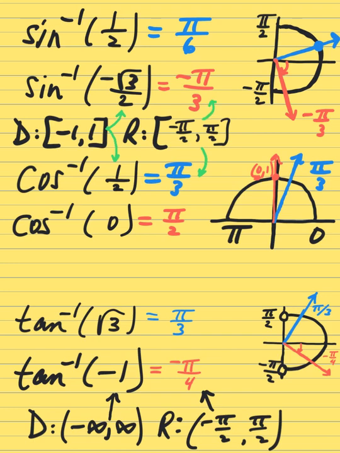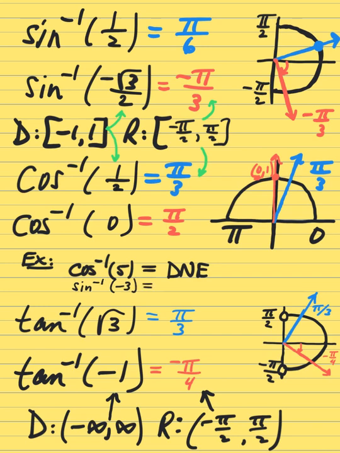There are weird cases where your problem may say something like cosine inverse of, let's say, 5. This will be an answer that does not exist because 5 is not between negative and positive 1. And just a second example of that would be if you had sine inverse of, I'm just going to make up, negative 3.